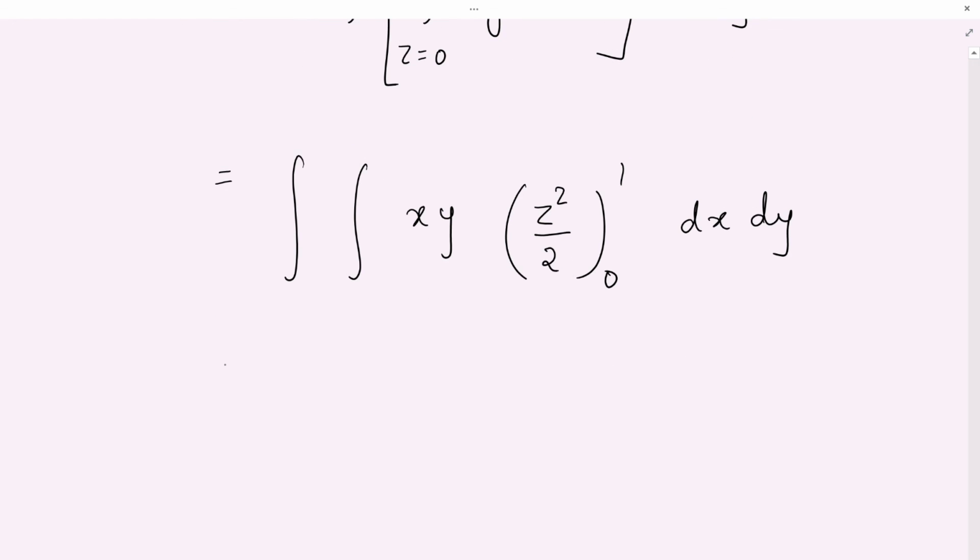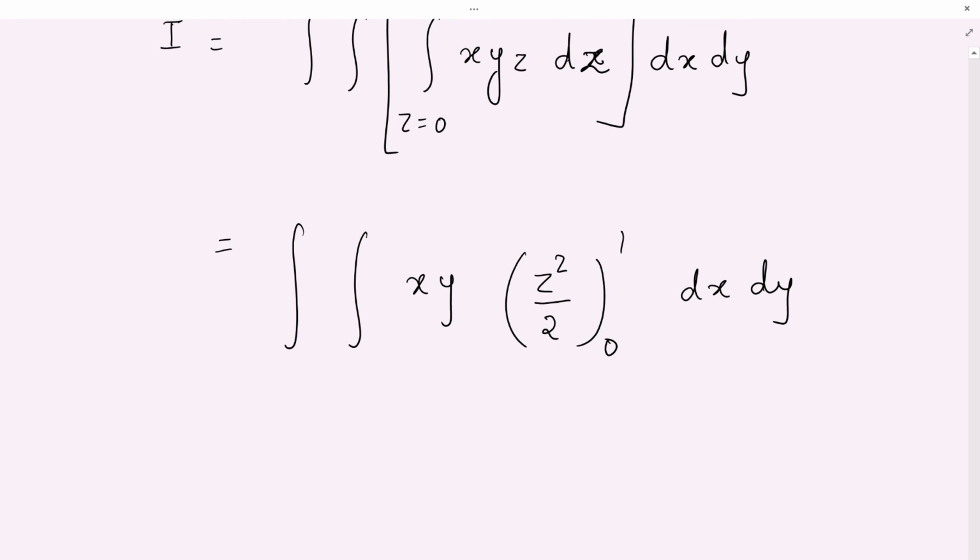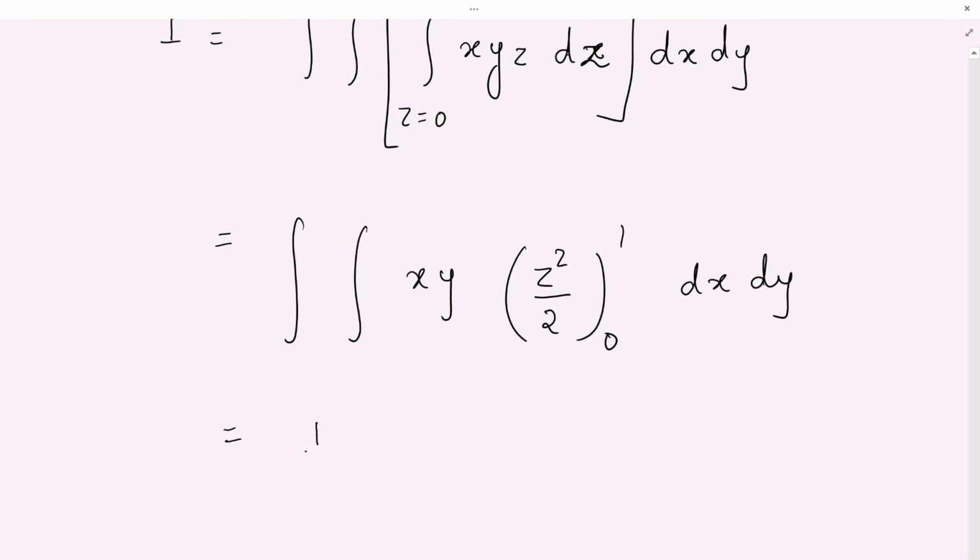So this 1/2 can be taken outside the integration, right? And then you have xy dx dy. So you will substitute x = r cos theta, y = r sin theta, and dx dy = r dr d theta, right?